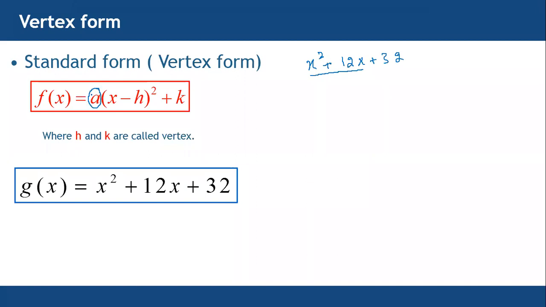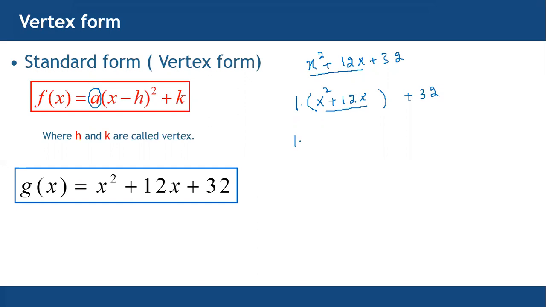So we take 1 here: 1 multiplied with x square plus 12x, and this 32 is outside. Now I want to write this in completing square form because we have (x minus h) whole square. This is x square plus 12x, so I want to write this in the form of a whole square.